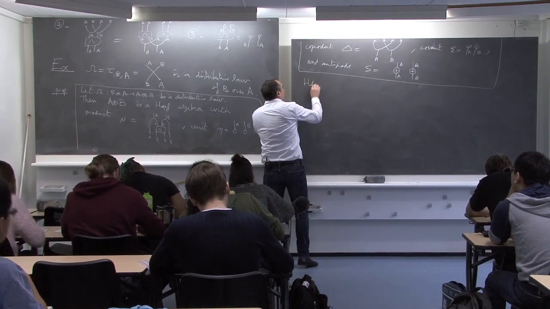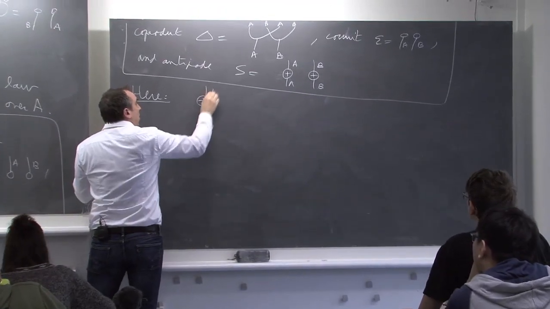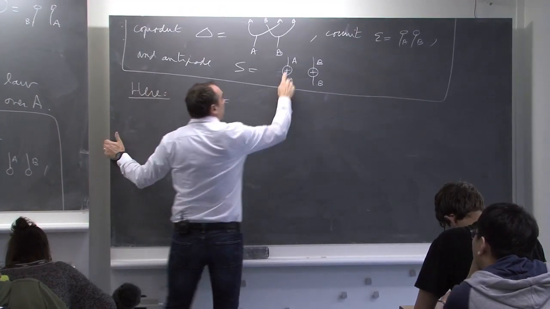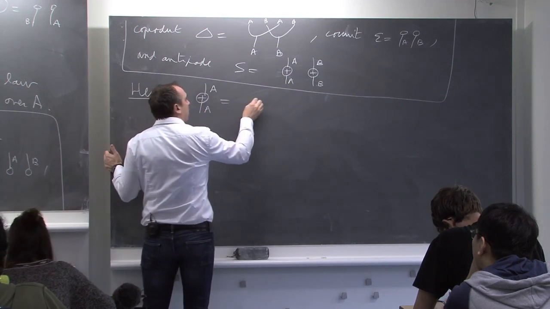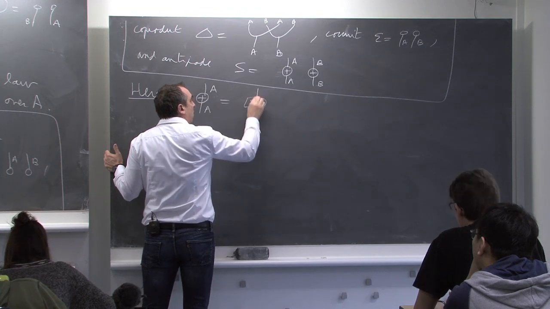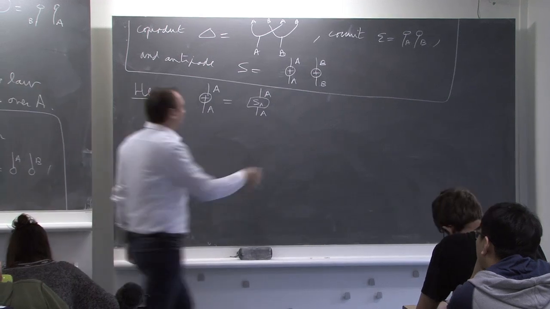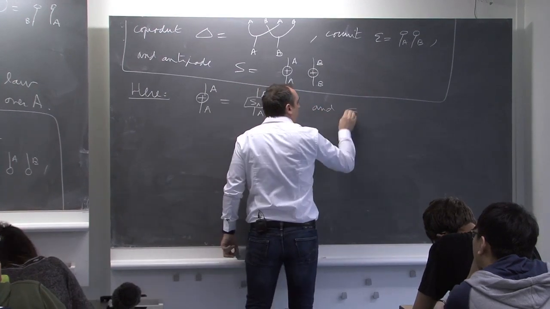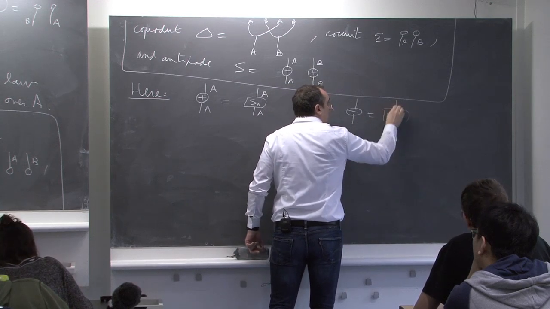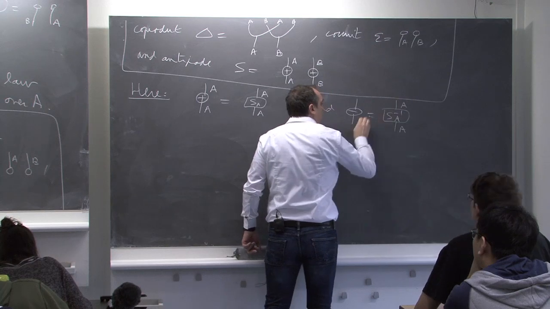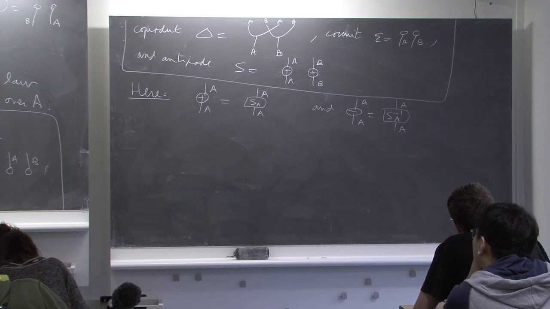So here, okay, is the antipode of A. And I will denote with a minus the inverse of the antipode of A. This is just antipode plus.